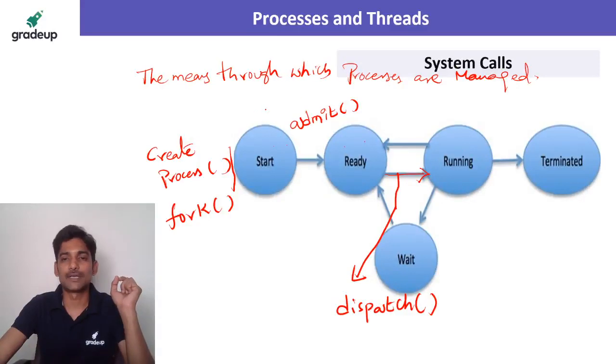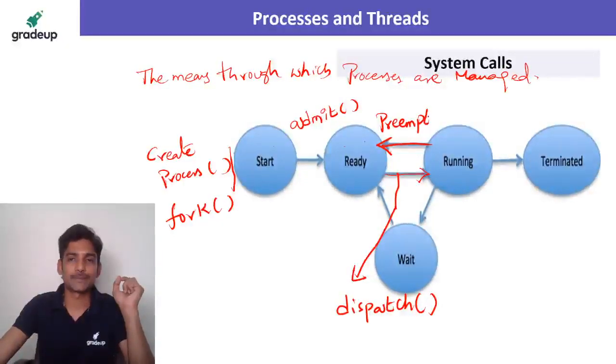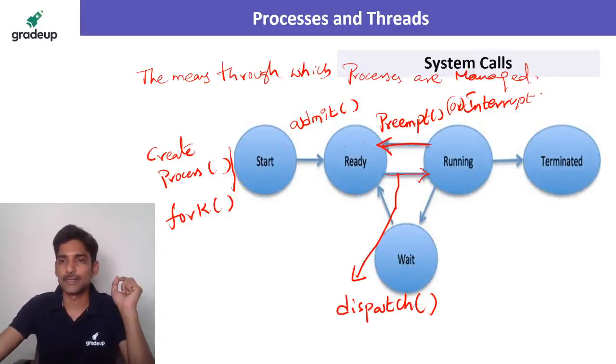And for running state back to ready state, the system call would be either preempt or interrupt. Either can be used, either preempt or interrupt.